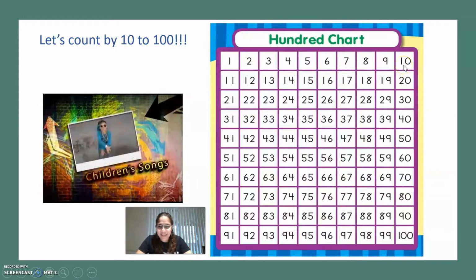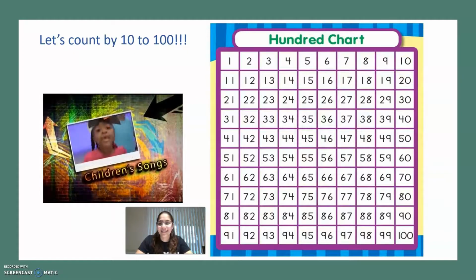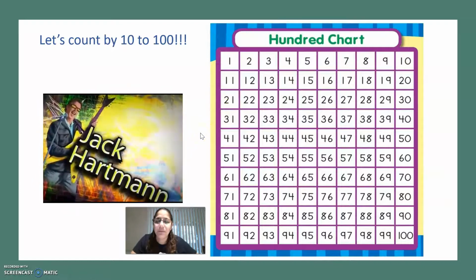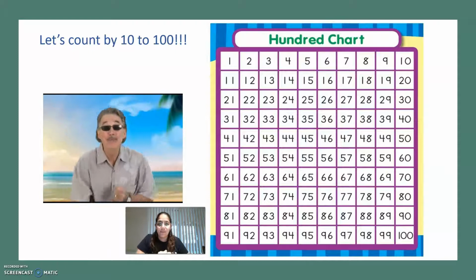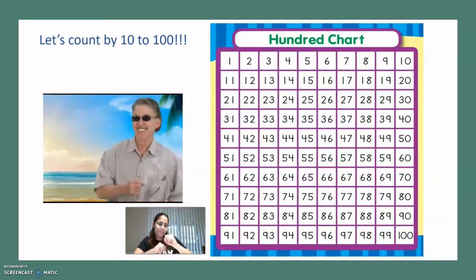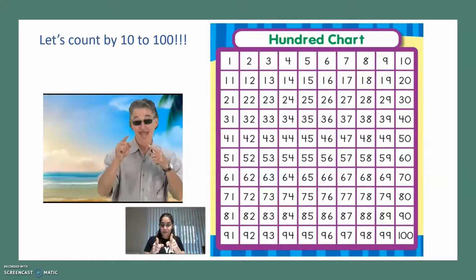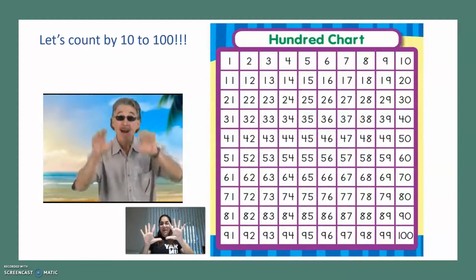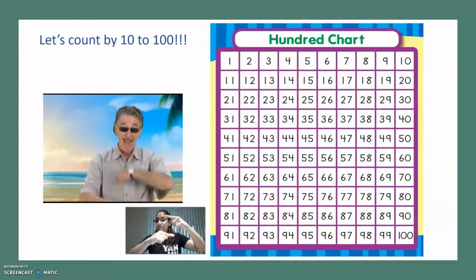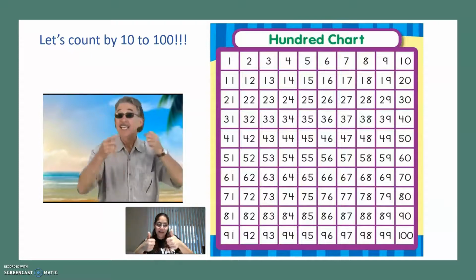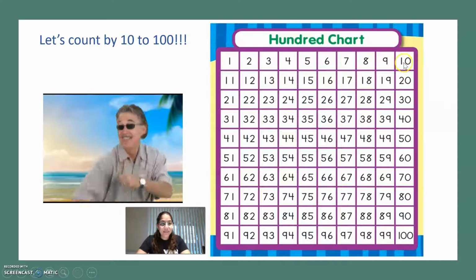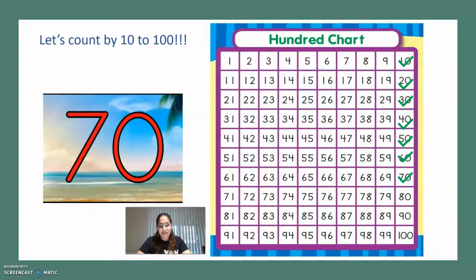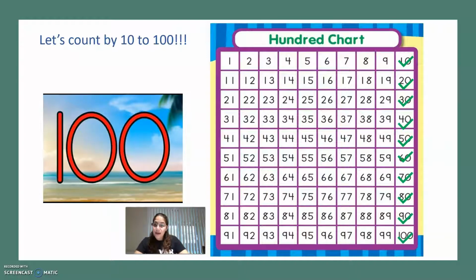Children's songs, sing and move along. Children's songs, make your brain and body strong. Alright, let's get ready to roll. Here we go. Hands roll forward, hands roll back, as we count by tens, forward and back, just like that. 10, 20, 30, 40, 50, 60, 70, 80, 90, 100.